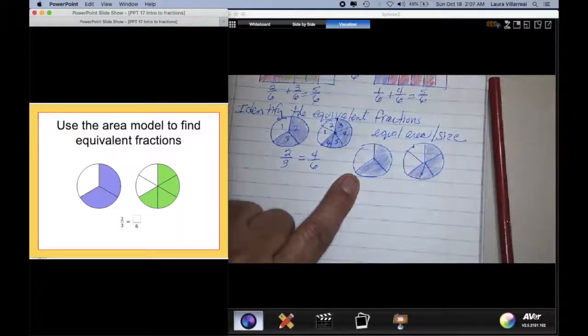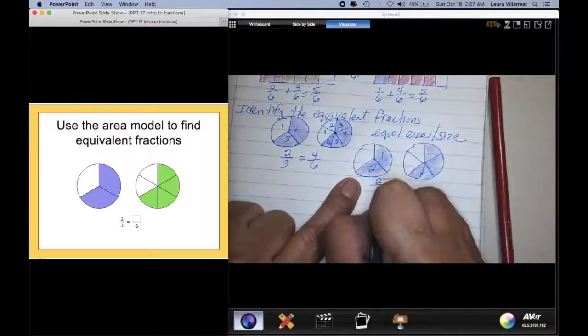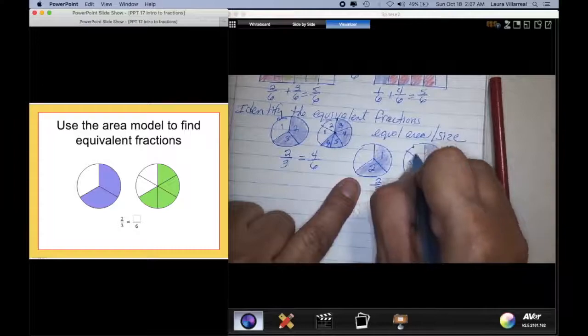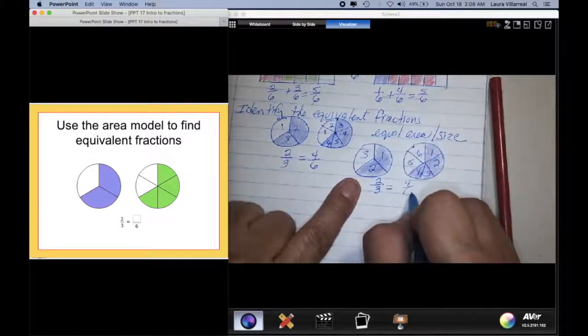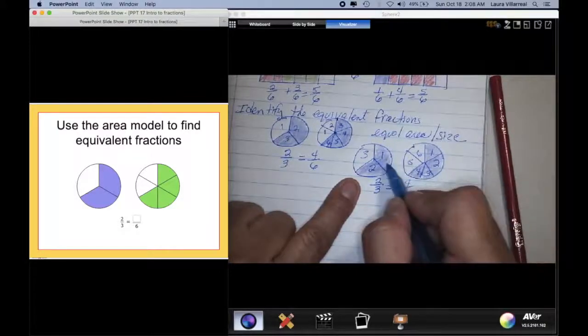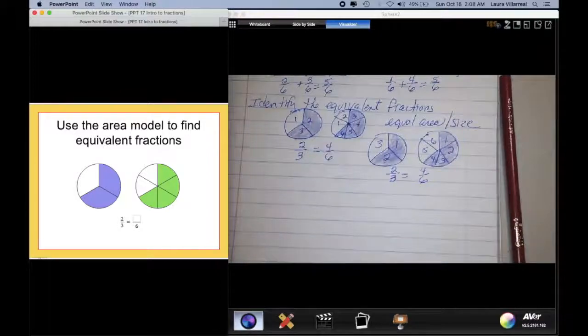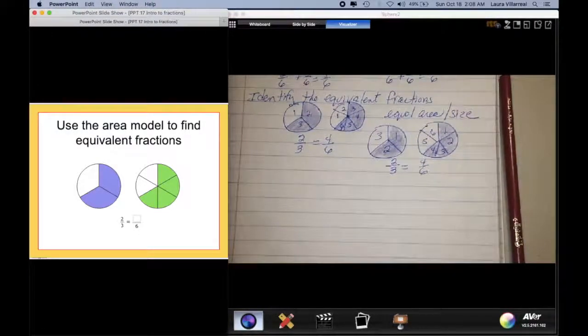Now it's one, two. 2 out of 3. One, two, three, four. 4 out of 6. And now the numbers match. Okay, no big deal. So 2/3 is equivalent to 4/6.